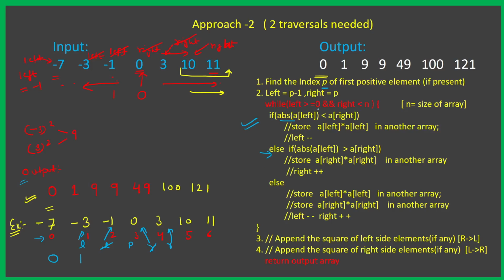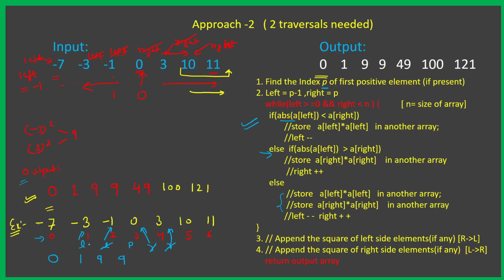Again left is greater than or equal to 0, so we will say, okay, this 3, that is the absolute value of minus 3, is lesser or greater than? No, it is equal. So we will come to this part and we will find the square of left and right, and we will decrement and increment accordingly. So this will give me 9 and this right will give me 9.